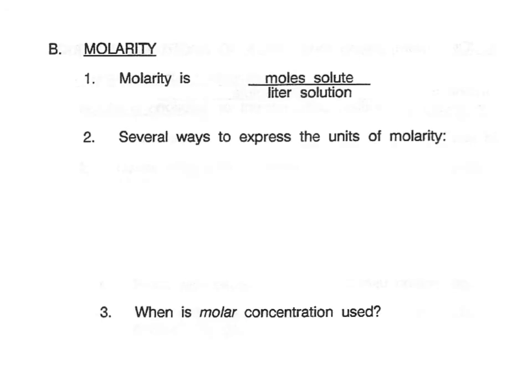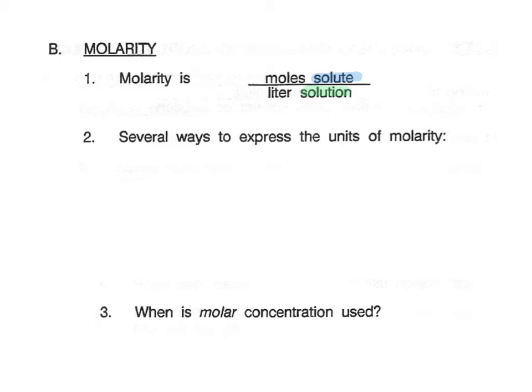To start off with, we need to know what molarity is, and molarity is defined as the number of moles of solute per liter of solution. As we've seen previously, in general, our concentrations are going to be solute on top, solution on the bottom, and that's going to be true for all of the ones that we do calculations for.